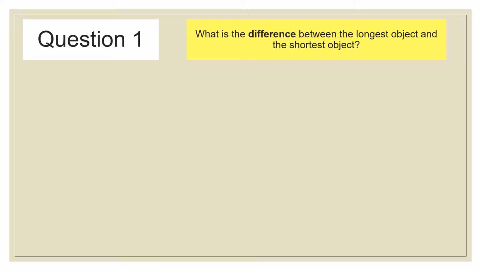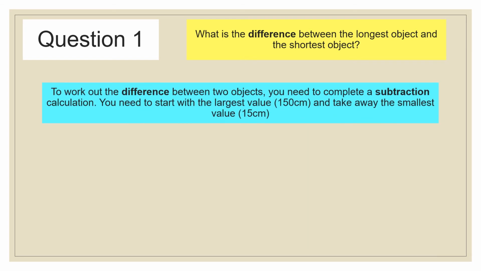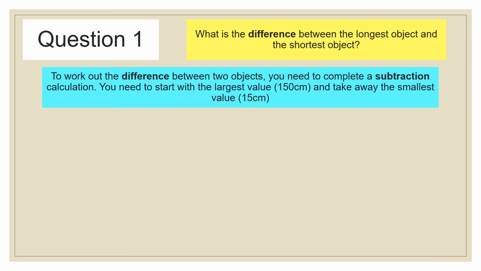What is the difference between the longest object and the shortest object? To work out the difference between 2 objects, you need to complete a subtraction calculation. You need to start with the largest value, which in my case is 150 centimetres, and take away the smallest value, which in my case is 15 centimetres.